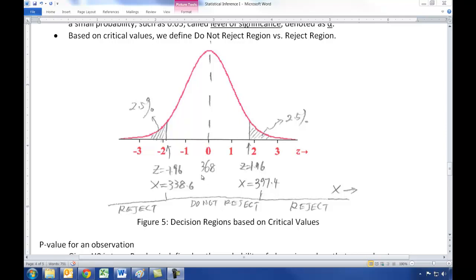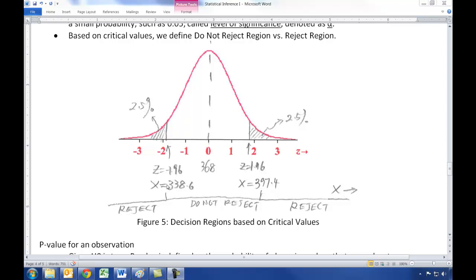And with the reverse transformation, we can calculate the x values based on the raw values measured in grams. Correspondingly, the z value equal to 1.96 is associated with the x value equal to 397.4 grams.